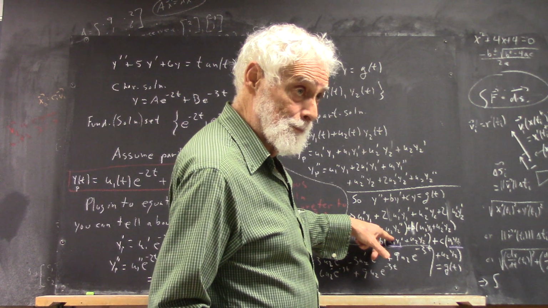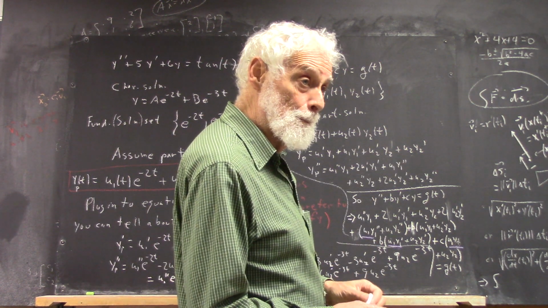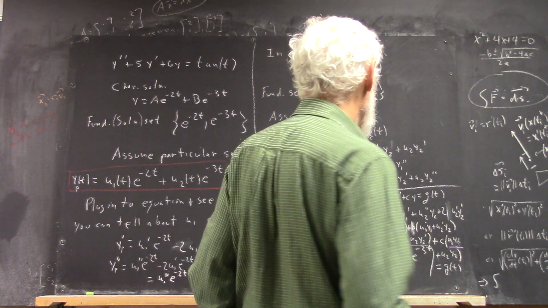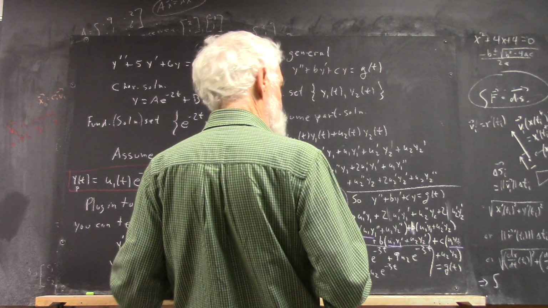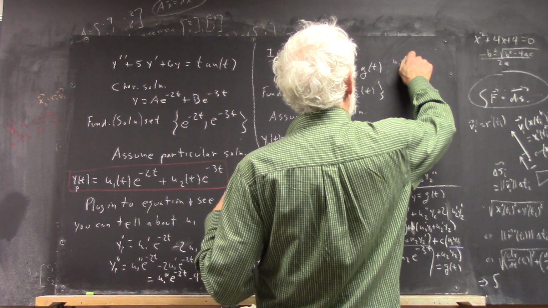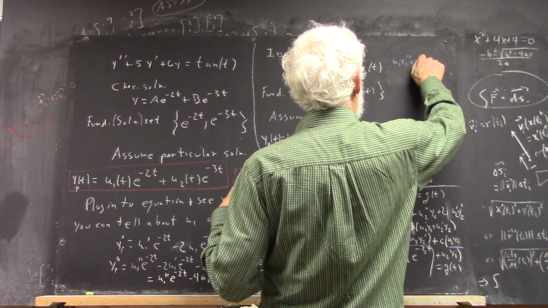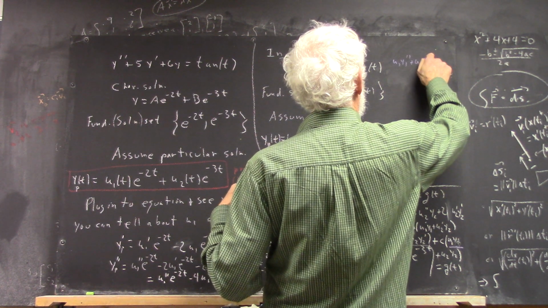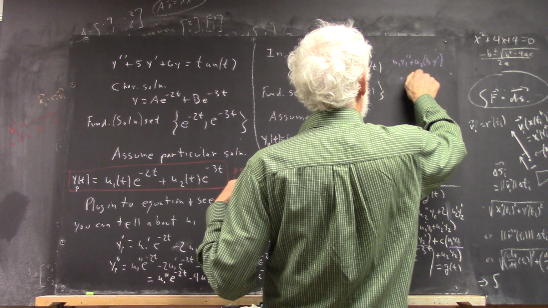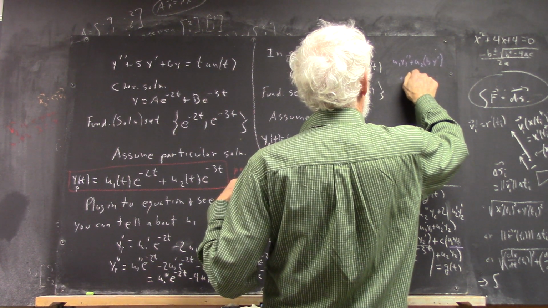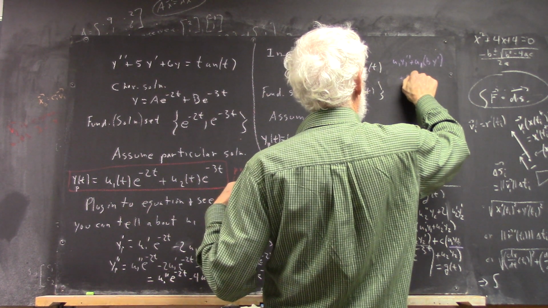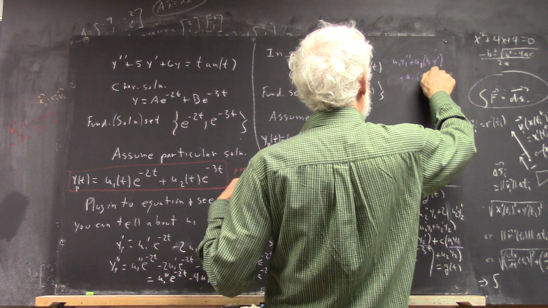Okay? Now why is that a great thing? Well, it's because these three factors by themselves give us u1 y1 double prime plus u1 times b y1 prime plus, and that's not u2, it's u1, plus u1 times c y1.